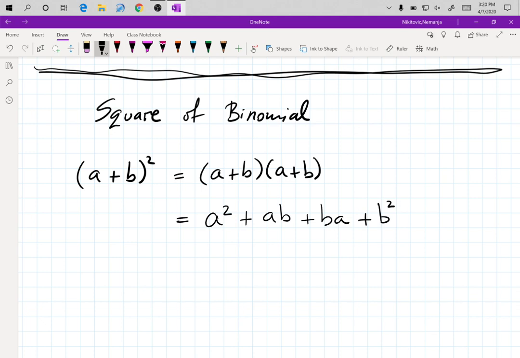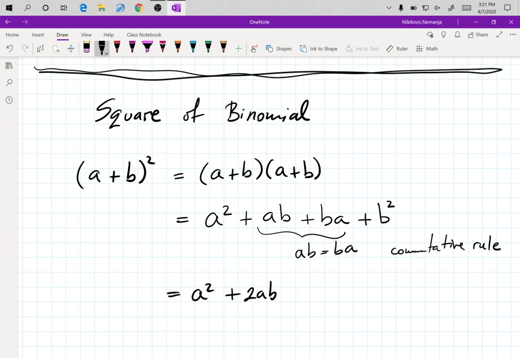Now, we already discussed earlier, maybe even in chapter 1, that these are like terms because ab is the same as ba. It's the commutative rule for multiplication. So those are like terms, and I can combine them into a term that's 2ab. Apple plus apple is 2 apples.